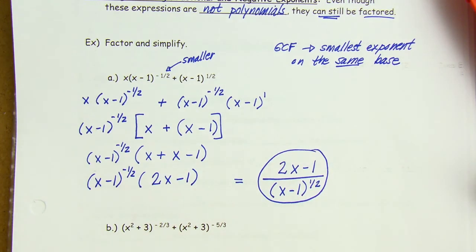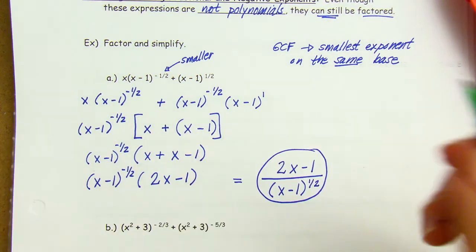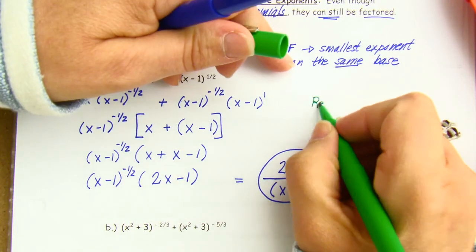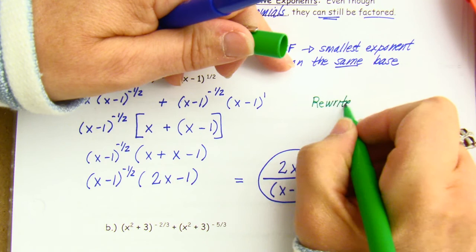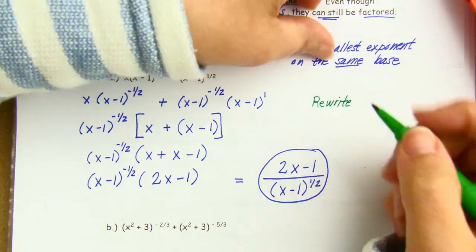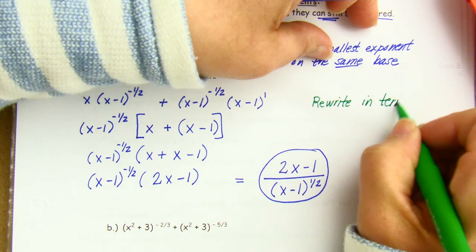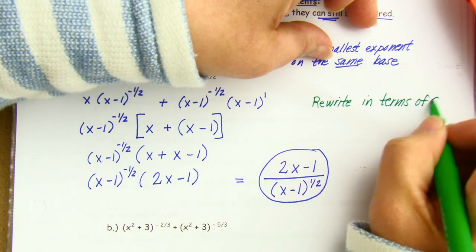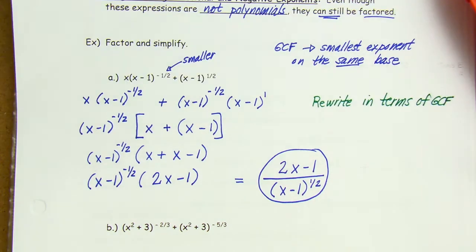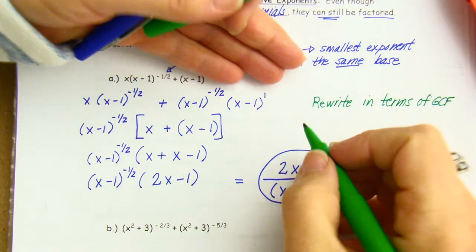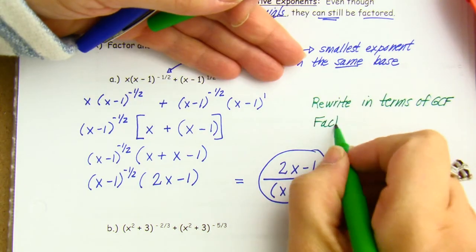Okay, so what did we do in this step? We did a rewrite in terms of the GCF. We took the original problem and we wanted to actually physically see the GCF. What did we do in this step? We factored out the GCF.